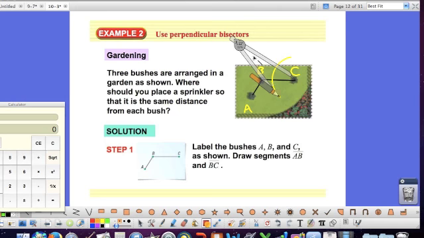Now, I'm going to leave the distance the same, and I'm going to make this arc. So now I have the intersections. And when we've done perpendicular bisectors, you just made arcs up and below.